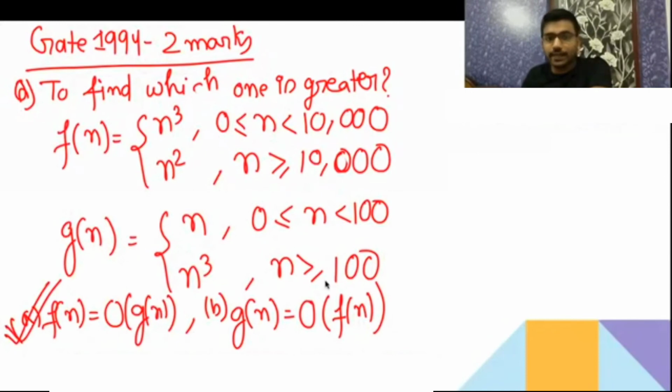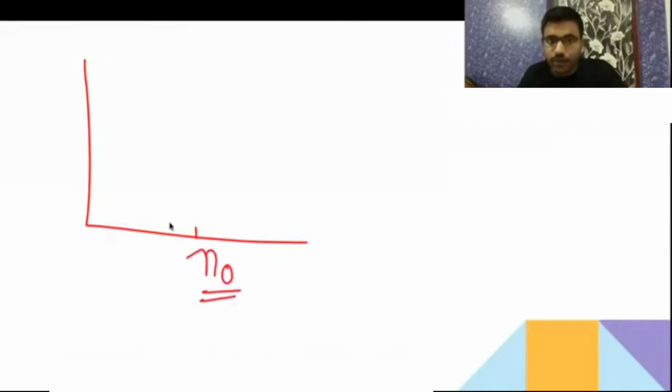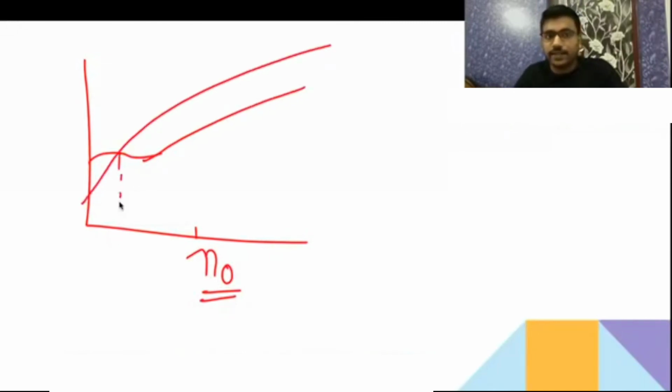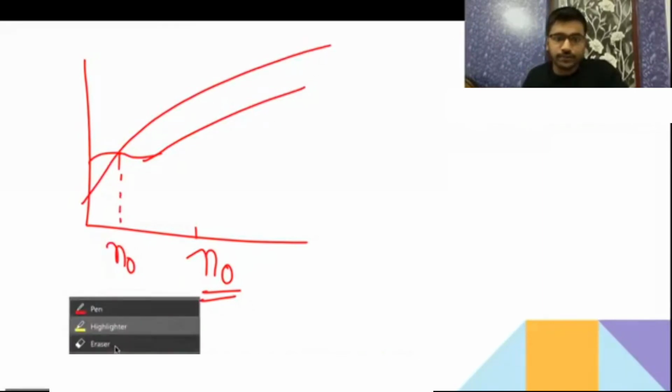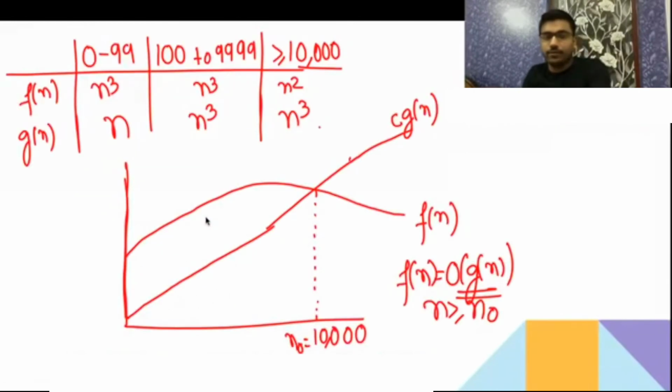I have always told you that whenever you take asymptotic notation, after some value n naught, that is the threshold, Gn is always going to be greater. Okay, understood now? Anyone having any doubt? Please let me know if anyone has any doubt.